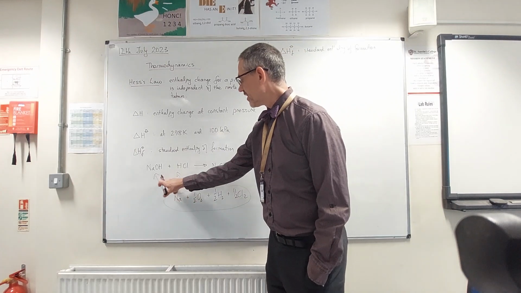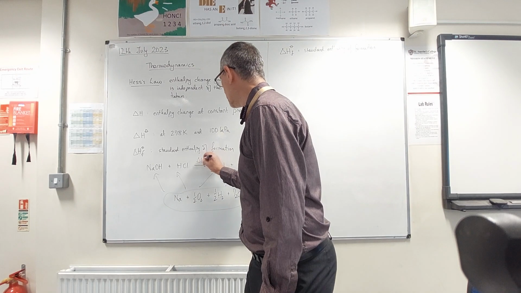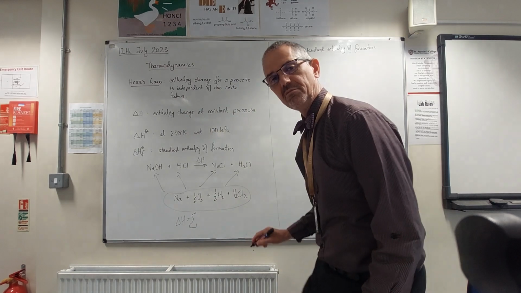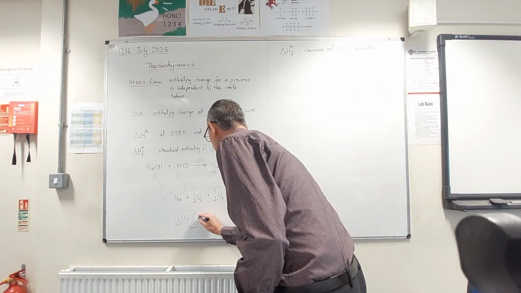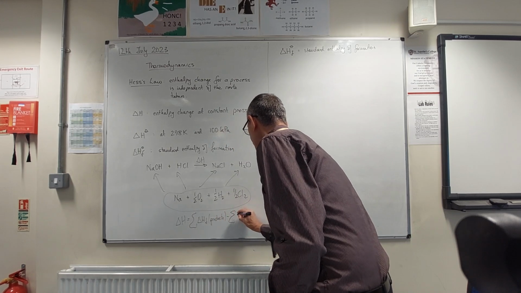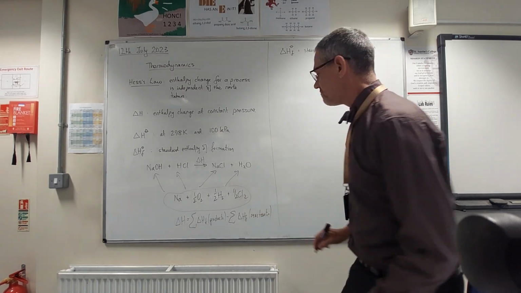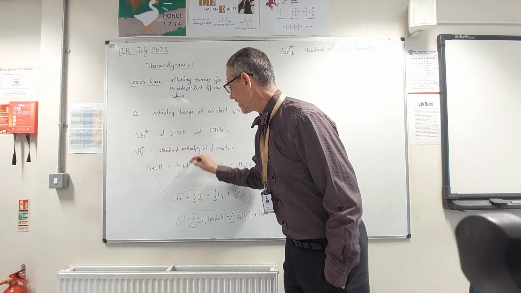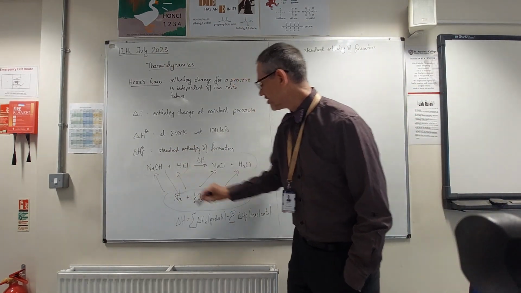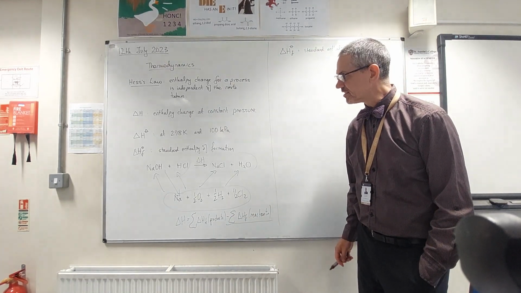And if I have the delta HFs of these and the delta HFs of those, then overall the delta H is the sum of the delta HFs of the products, take away the sum of the delta HFs of the reactants. And the reason for that is that if I'm going from reactants to products, then I'm going in the opposite direction to those arrows, so I have to change the sign for those delta H's.